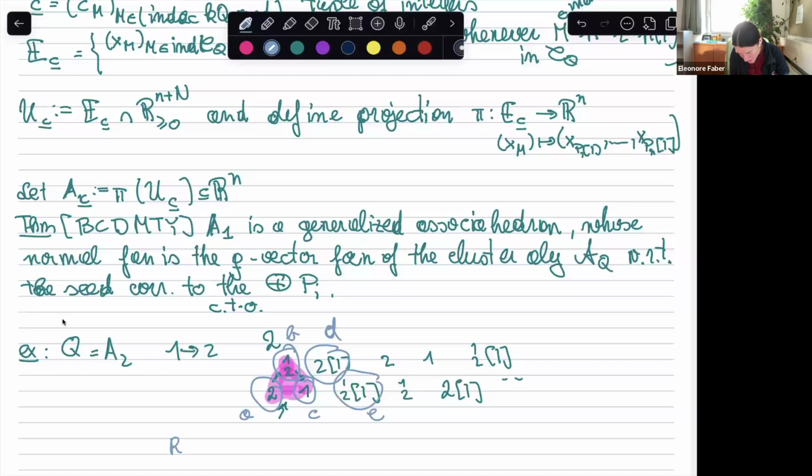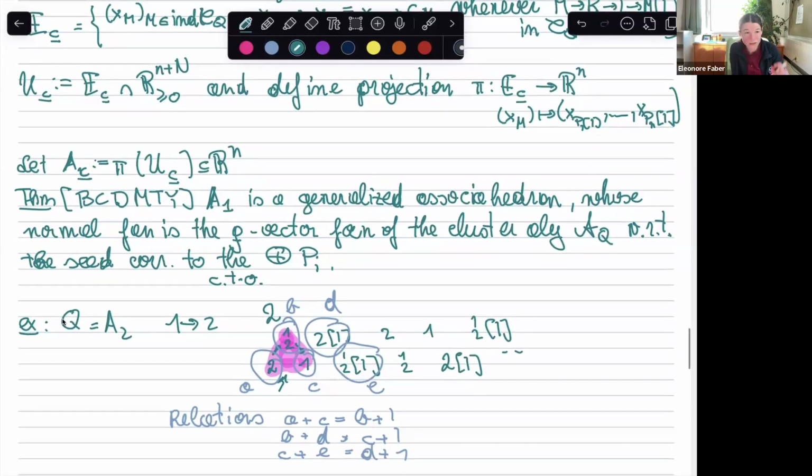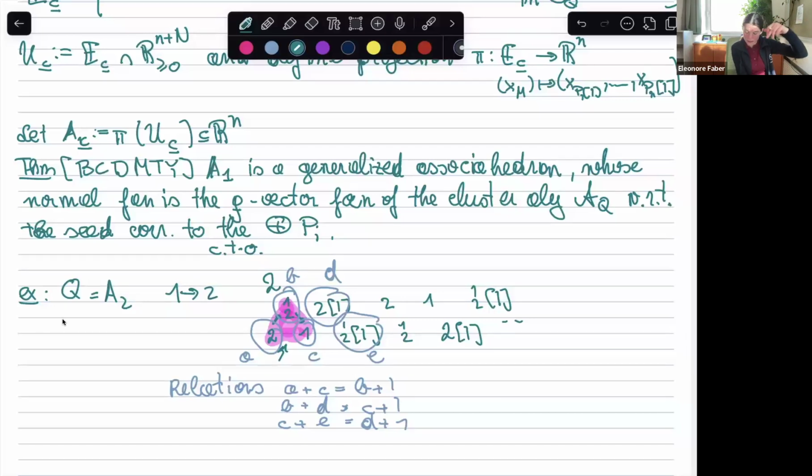And then the relations, I only get 3 relations because I have only 3 objects in the module category. And the relations are A plus C equals B plus 1. Then B plus D equals C plus 1. And C plus E equals D plus 1. So these are the relations I get. And then from the construction, we also have to take that all entries are greater or equal to 0.